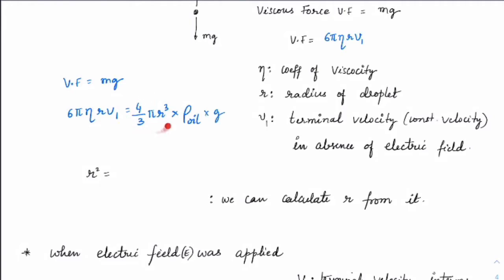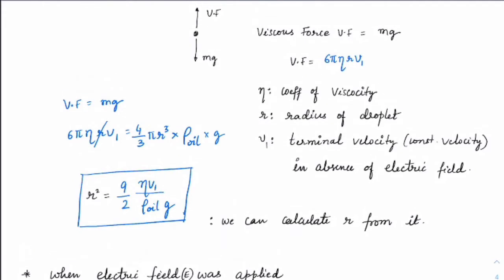So from here we got volume, density into g, and you can see this r will get cancelled and this will become r square. So r square will be equal to 9 by 2 times eta v1 by rho oil into g. So that's how we can get the radius of the oil droplet.